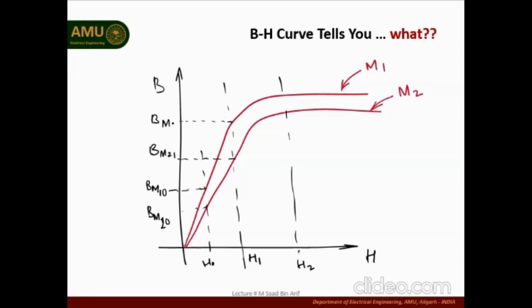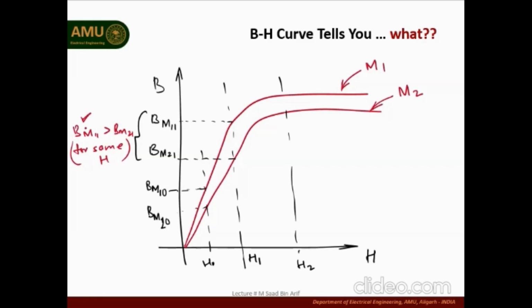You will find that the value of BM11 is greater than the value of BM21. What does it mean? This is for the same H. It means that the permeability of this material is more, that is, the magnetization of this material is fast.